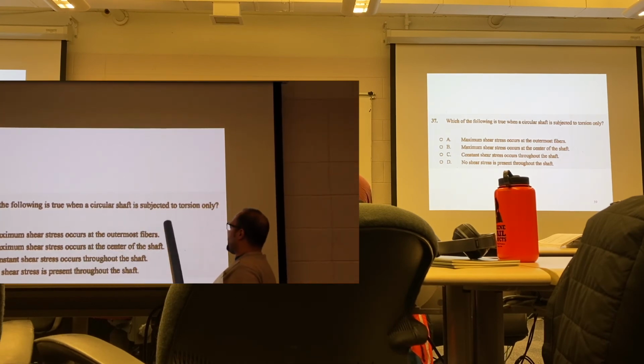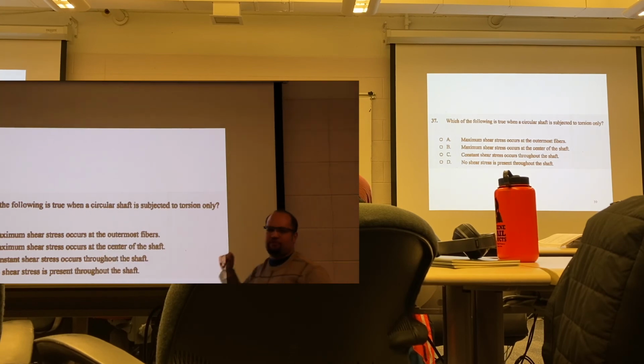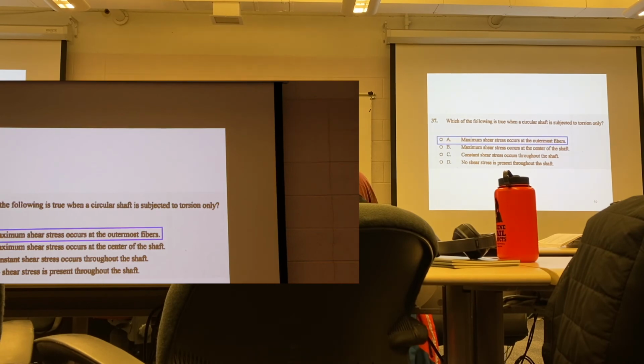Maximum shear occurs at the outermost fibers, or maximum shear happens at the center of the shaft. If you remember what I just said, the center of the shaft has zero shear. The maximum happens at the outermost fibers. So you need to work with an elimination approach here. If you remember this, good for you. But if you don't remember this, start with what doesn't make sense.